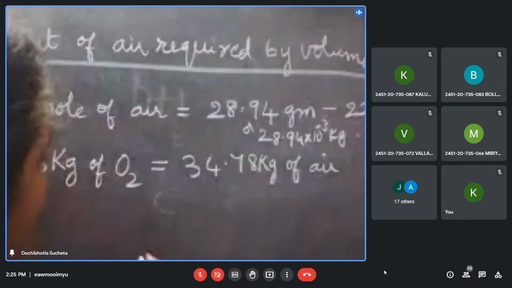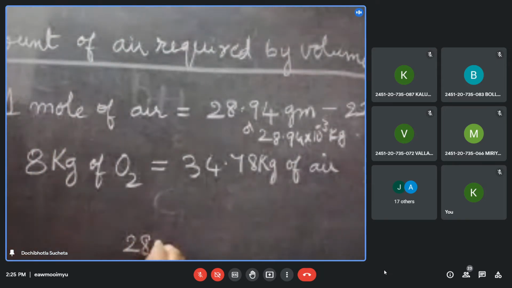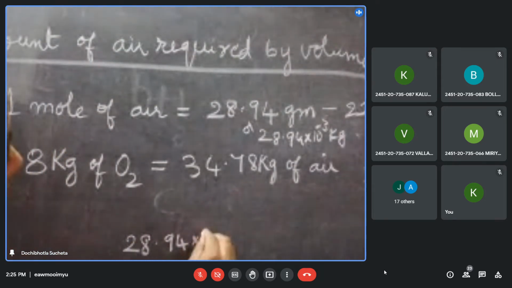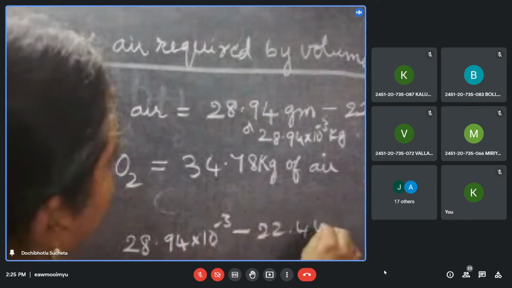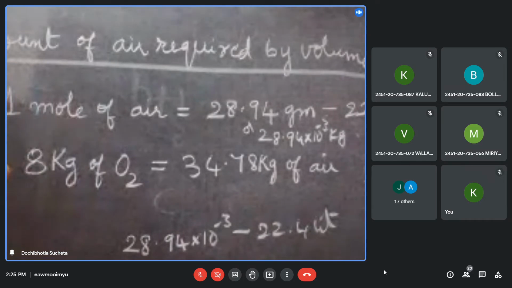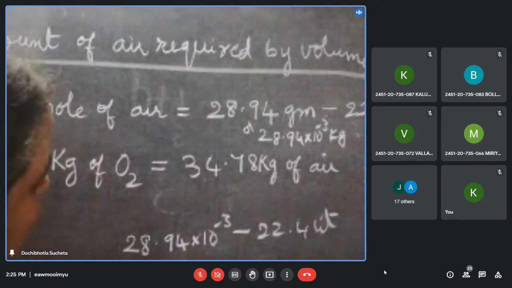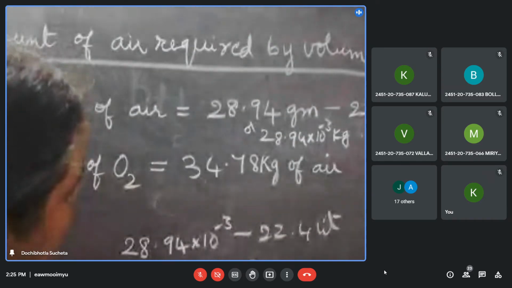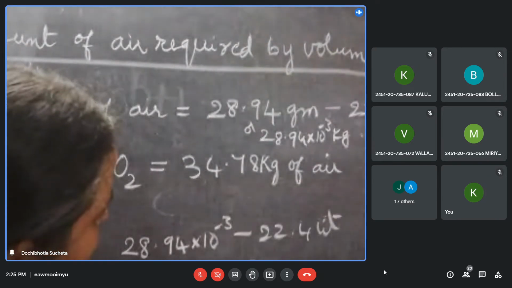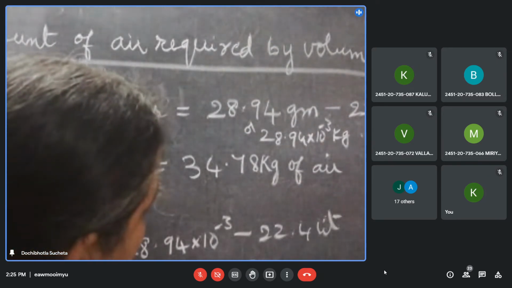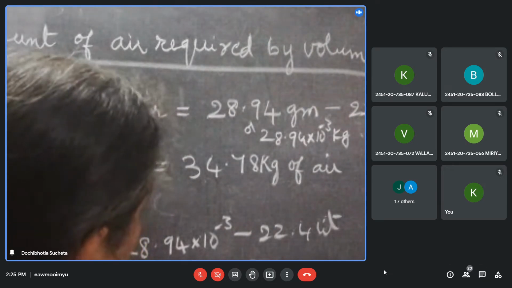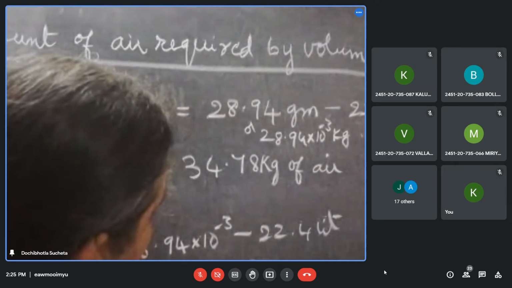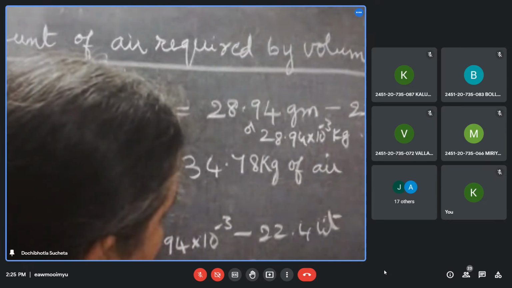So if 28.94 into 10 power minus 3 kgs occupies 22.4 liters of space, then 34.78 kgs occupies how much? 34.78 into 22.4 divided by 28.94 into 10 power minus 3.